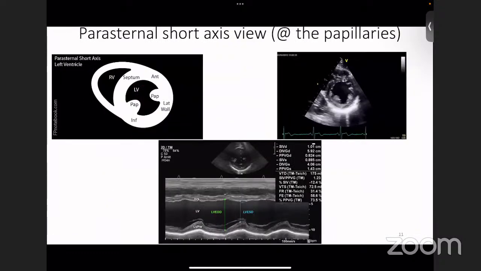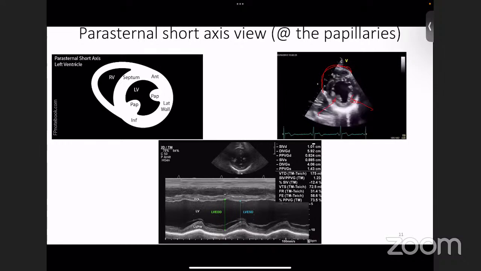So this is how in real time you get to see the mid-papillary view. And the structure you are going to see is the RV. Whenever you do a transthoracic echo, the most important anterior structure you get is always the right ventricle. And then is the LV, which is contracting at the papillary level. So these are the papillary muscles.